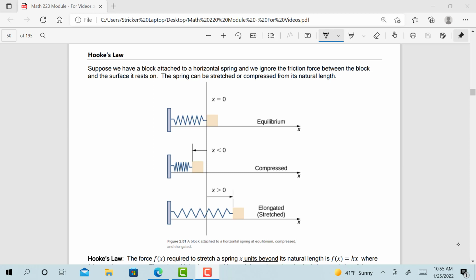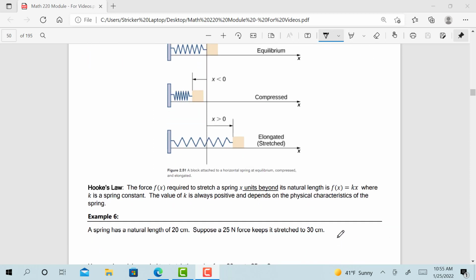When that's the case, we think of x as 0. When the spring is compressed, we have x less than 0, and when we stretch or elongate the spring, x is greater than 0. What Hooke's law says is that the force f of x required to stretch a spring x units beyond its natural length is f of x equals k times x, where k is a spring constant.